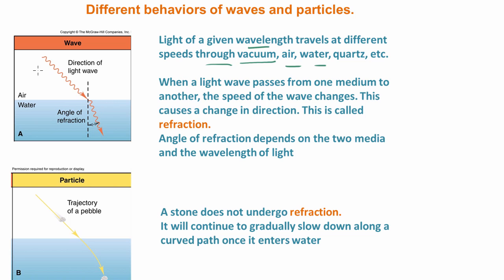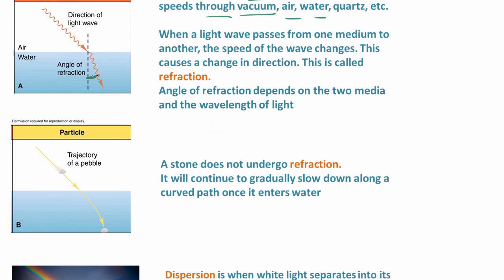So here we show a light wave going from one medium, air, to another, which is water. When a light wave passes from one medium to another, the speed of the wave changes. And this causes a change in the direction of travel. And this is what we call refraction. So here we can measure the angle of refraction, and this angle is going to depend on the two media and of course the wavelength of the light.